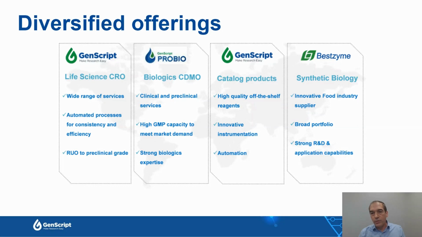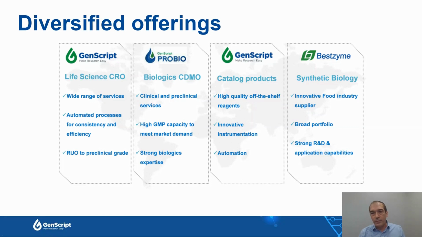We also have the catalog products division. They offer high quality off-the-shelf reagents, very innovative instrumentation. Lately, they have been launching many instruments related to automation and automating various lab processes. We also have the synthetic biology business unit, BestZyme. They focus mostly on innovating food industry, and they have very broad portfolio.